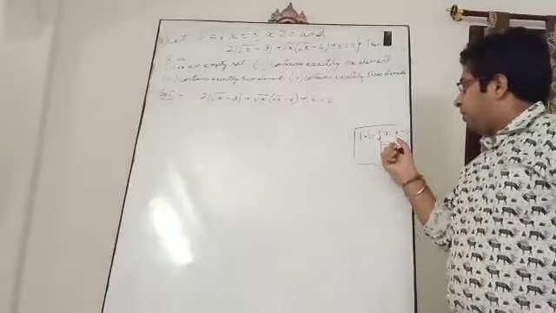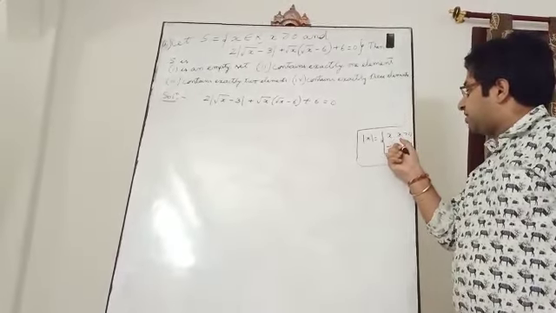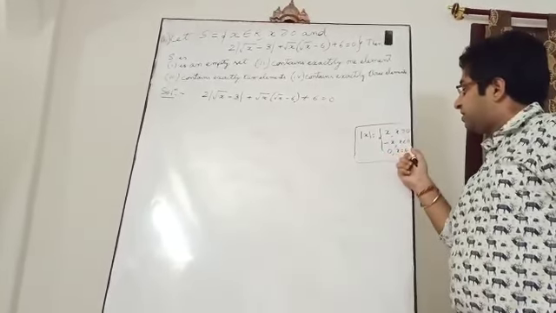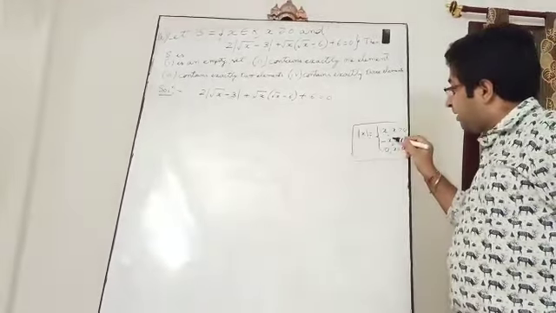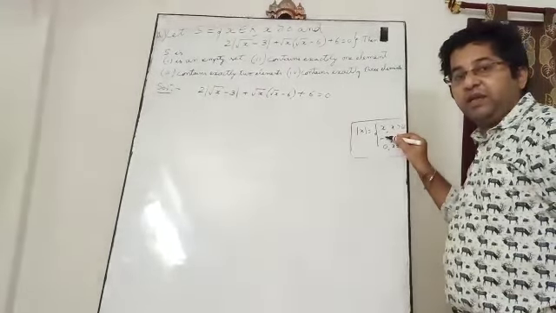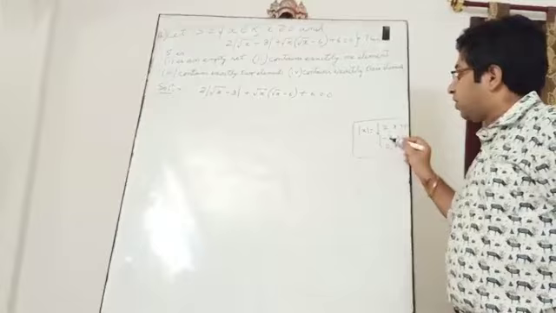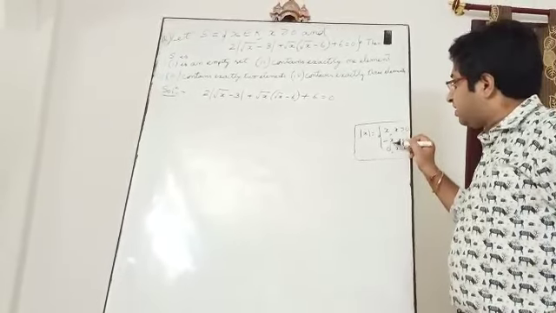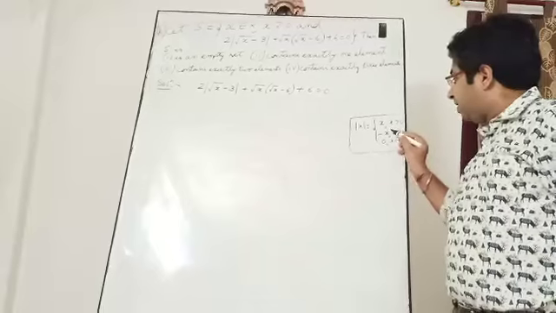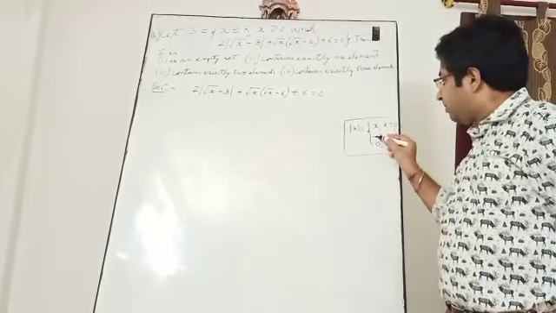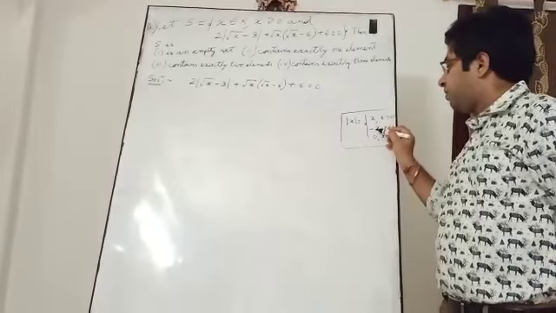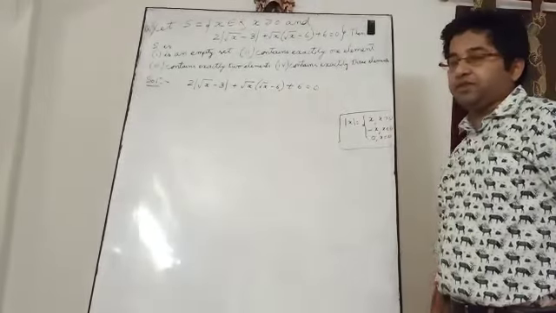Modulus x will be plus x when x is positive, and modulus x will be minus x when x is negative, because x negative means this x is a negative number, and negative of negative is positive, so modulus is always positive. So modulus x equal to minus x when x is less than 0.